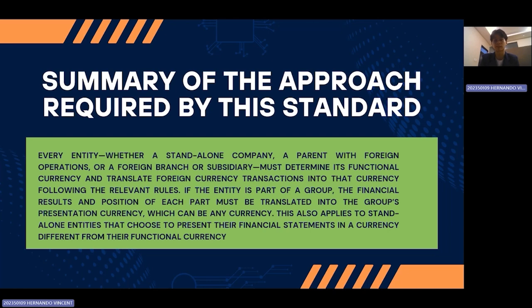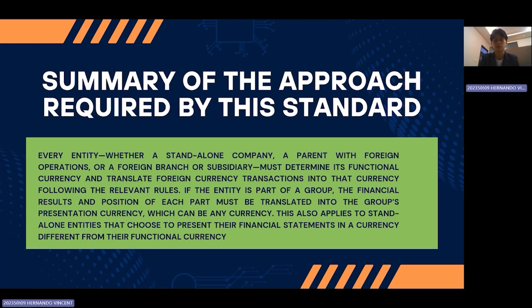This step is necessary to allow the group to produce consolidated financial statements. The presentation currency can be any currency that the group chooses, for example, US dollars or euros, even if it differs from the functional currencies of individual subsidiaries.